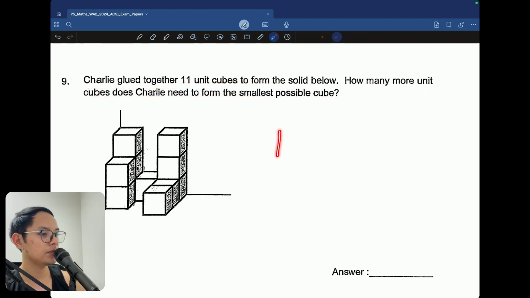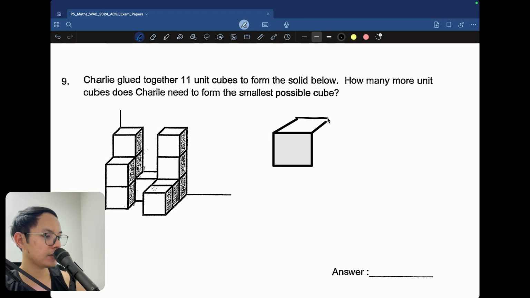So to recap, a cube is basically a square that also has the other side as well. In this case, it will look something like this.